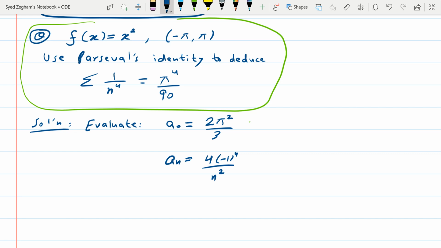This we already evaluated, and of course, because this function f(x) is an even function, that is why the bn will be equal to 0, right? So all the three Fourier coefficients we have with us.